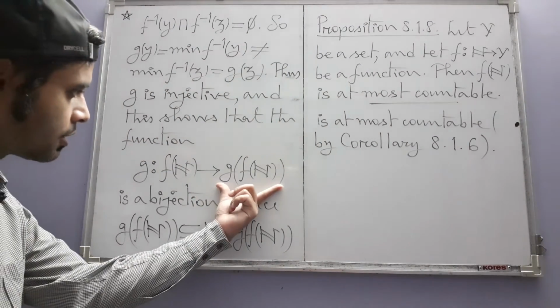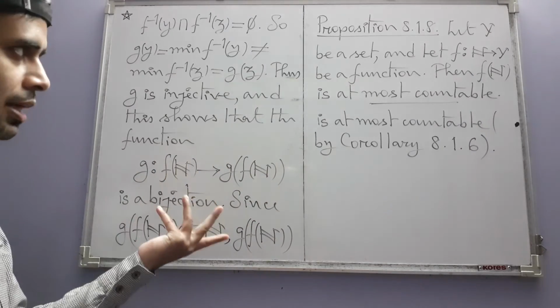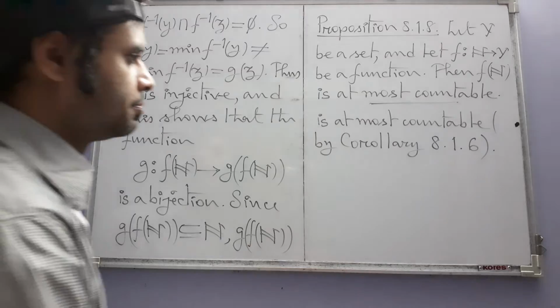So this is at most countable, and these two are in a bijection, so this should also be at most countable. That's what we want.